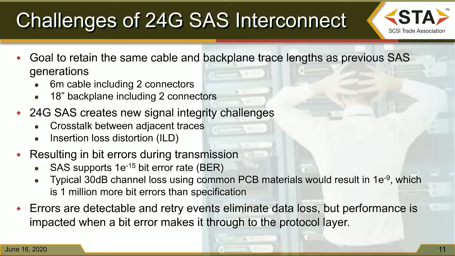What happens as you increase the frequency is the emissions from adjacent transmitters and adjacent PCB traces can actually interfere with each other. This effectively creates noise on the channel and reduces your signal-to-noise ratio, resulting in data bits getting corrupted or reversed.